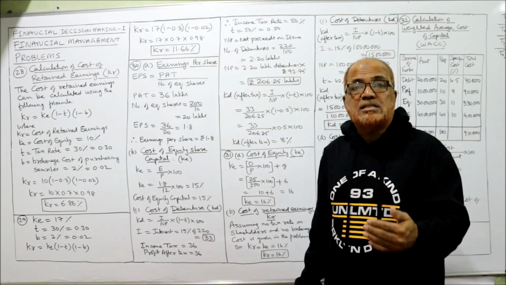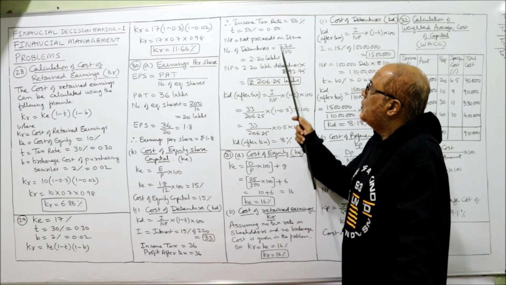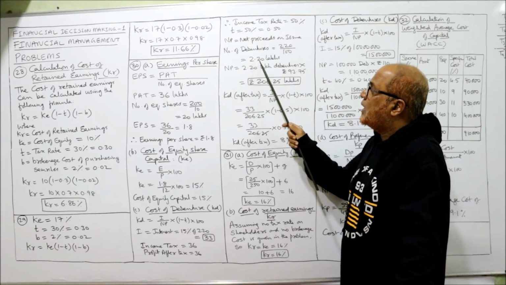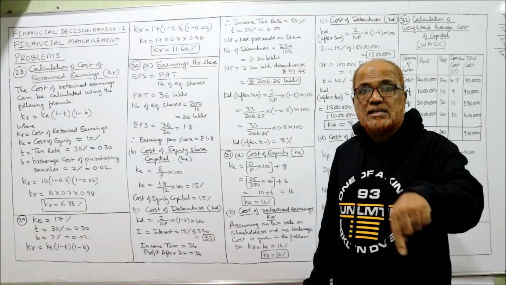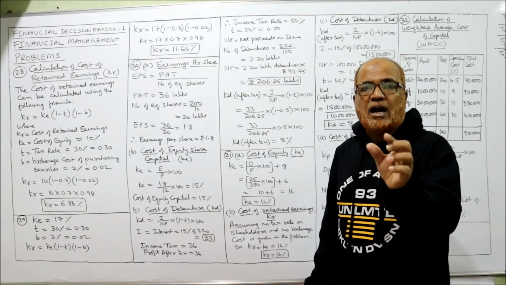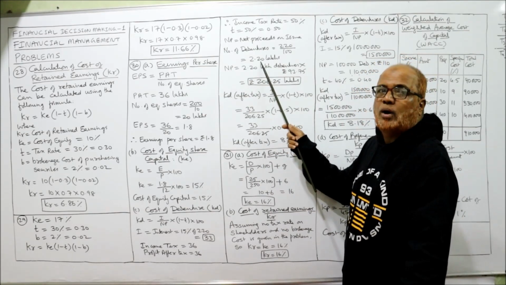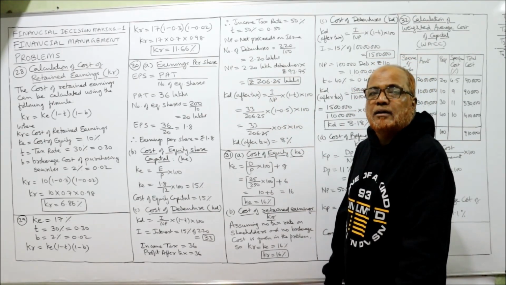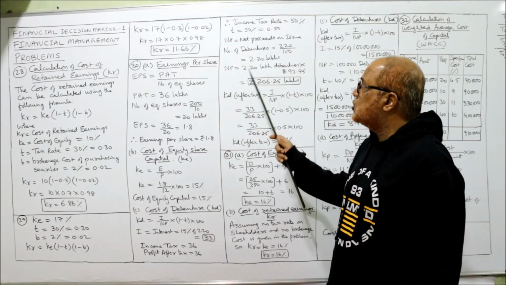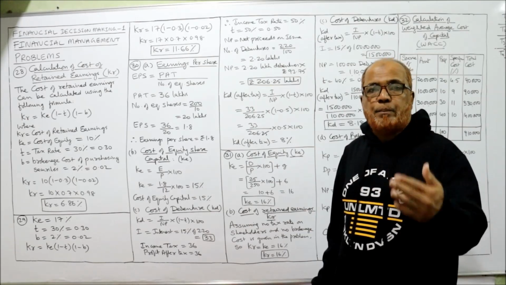So how many debentures are there? 220 divided by 100, 2.20 lakhs. 2.2 lakh debentures are there. Each debenture is 100 rupees, so if you multiply 2.20 into 100, you will get 220. So we got number of debentures 2.20 lakhs. And what is the market price per debenture?